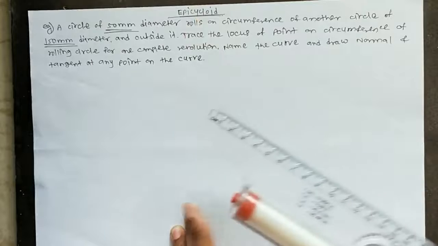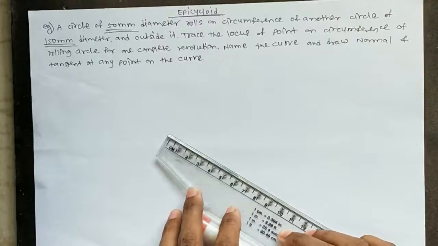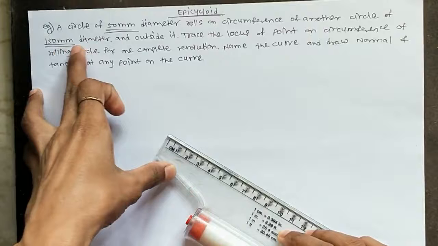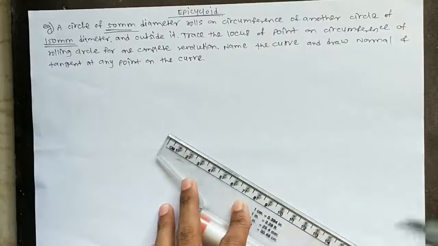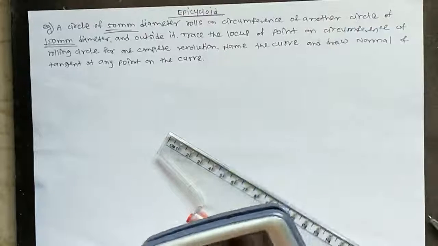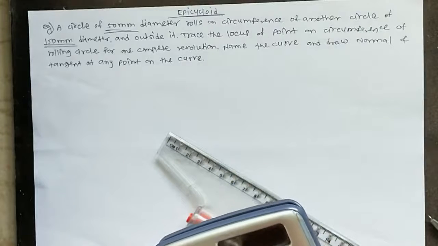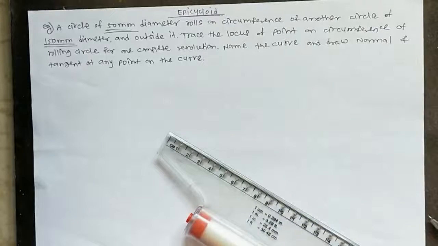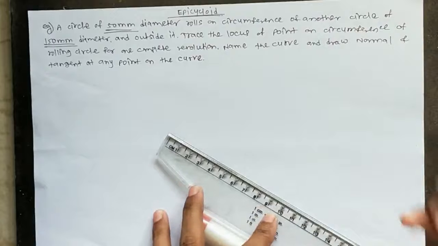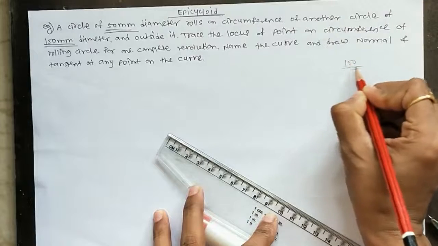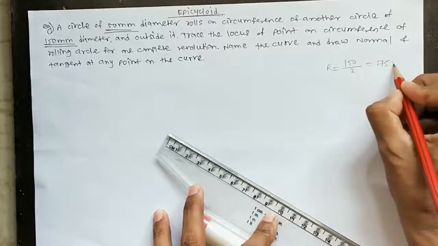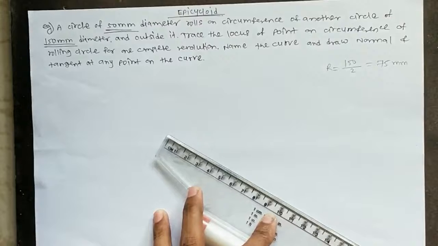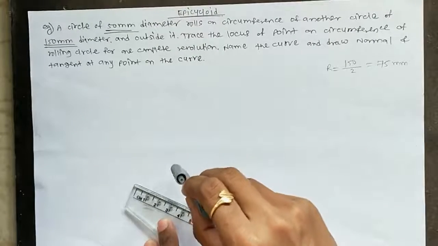So first take radius as half of the directing circle, that is 150 mm divided by 2. So 150 mm divided by 2 is 75 mm radius. So first of all, draw capital R 75 mm from this position.